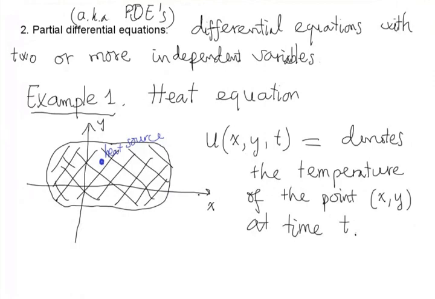So in order to describe the temperature of the plate, we need two variables, x and y, to locate the point on the plate, and then the time as well, because the temperature is changing, and it's changing depending on the location of the point and time.